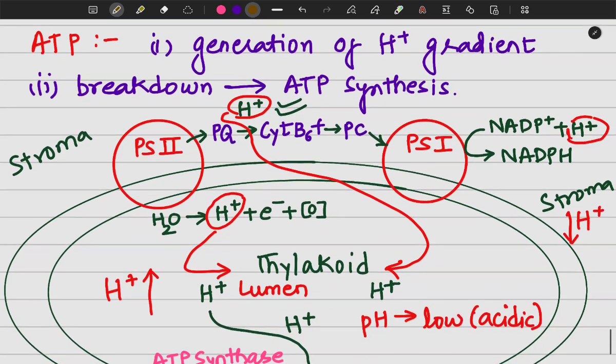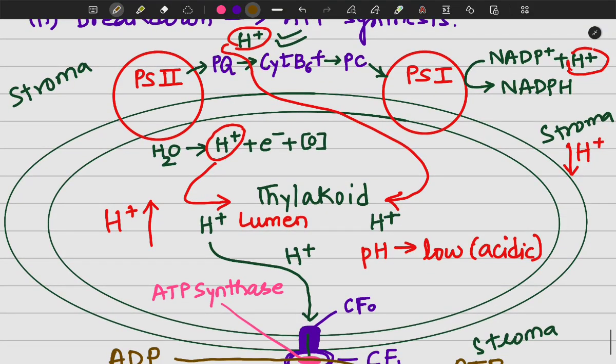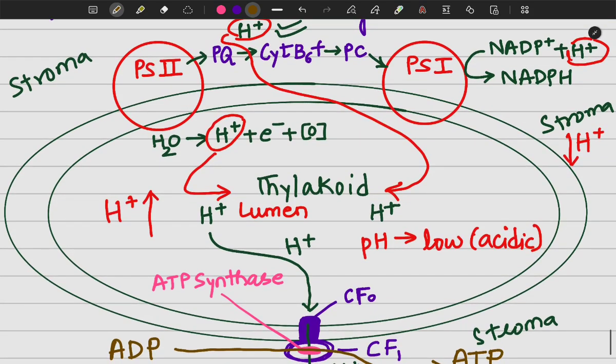Alright, so how is the proton gradient generated? First of all, we understood how this proton gradient is established in the thylakoid lumen and the stroma. The hydrogen ions are continuously taken up from the stroma during the formation of NADPH and during the electron transport chain.